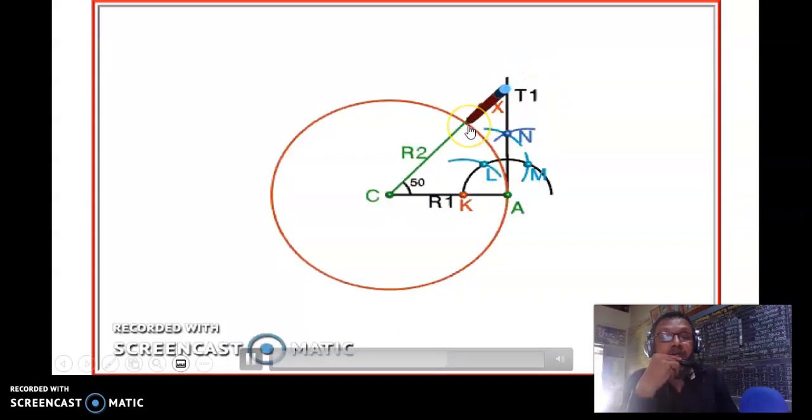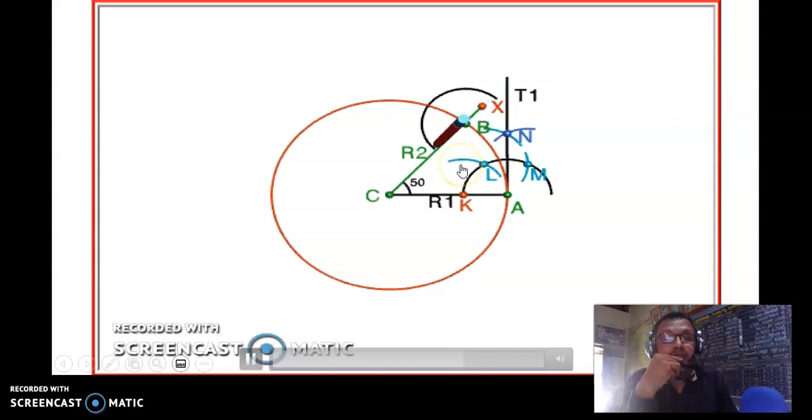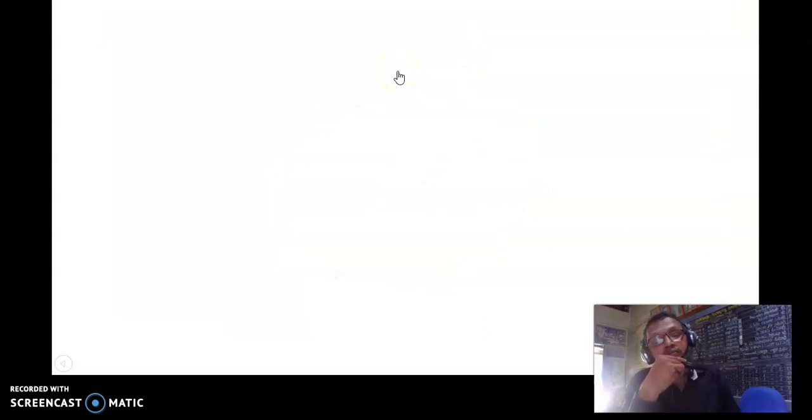Now similarly draw the tangent at the point B. In the same way draw a semicircle which cuts here at some point P. Now with the same radius from P cut another arc which cuts the semicircle at Q. Now with the same radius from the point Q, draw an arc on the semicircle and also above the semicircle.